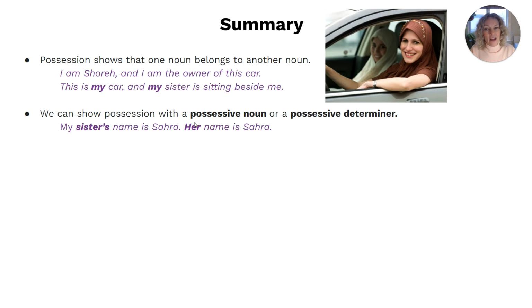And then her name is Sarah. That's an example of a possessive determiner. So her shows that the name belongs to her, and her is Sarah. So it's Sarah's name, her name, my sister's name, her name. There are two ways that you can show ownership.